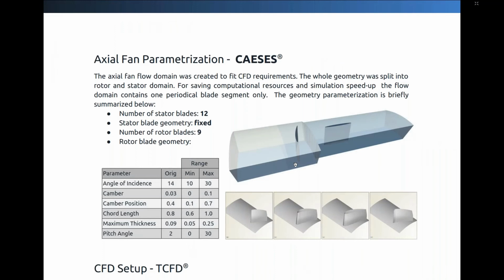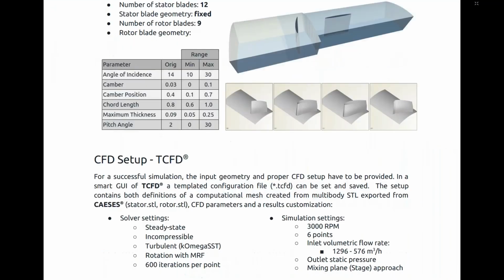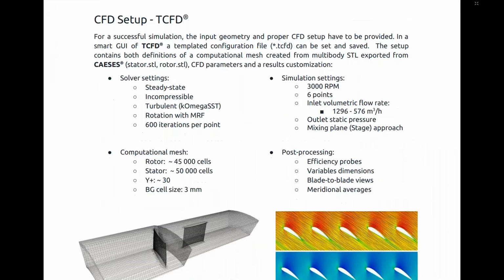So this was the parameterization. Then the CFD setup. It's a basic CFD setup, using which we can set what type of simulation, if you would like to simulate in incompressible or compressible mode, simulation settings, rotation speed, how many points we would like to simulate, so how many different conditions.